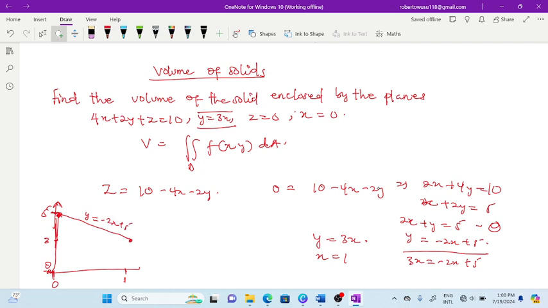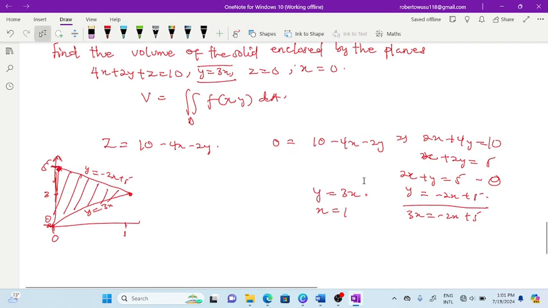Because this is a plane, the maximum you can get for x is 1, and that is giving us 3. The minimum is 0, and that's giving us 5. Then for the second part, y is equal to 3x. Remember that when x is 1, it's 3. So the maximum it can go is this point. At this point, this is the region we are supposed to find the volume of.